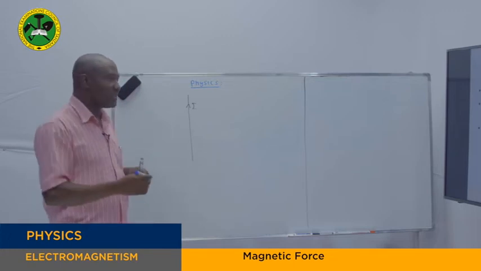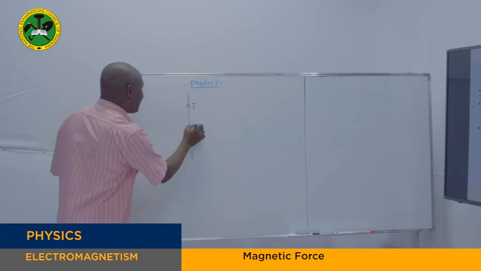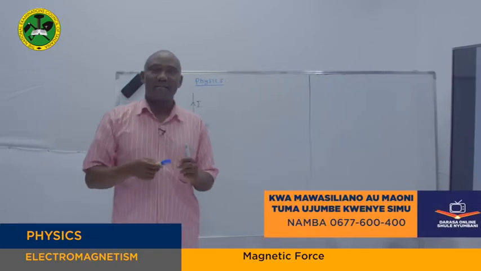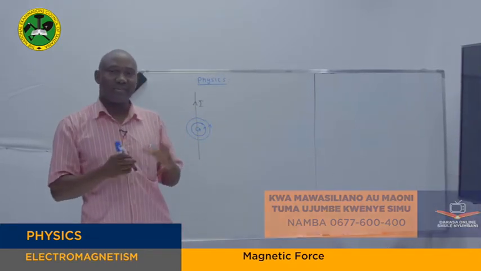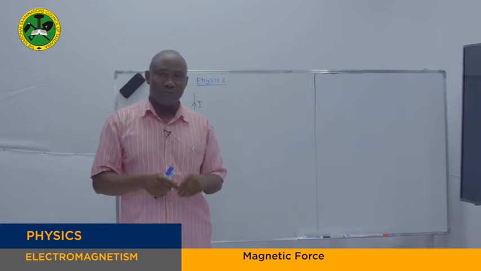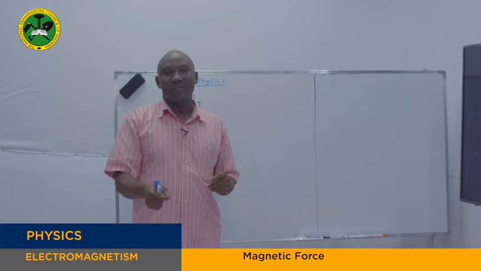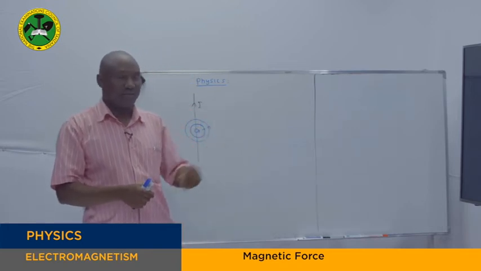For that case, we discussed that a magnetic field must be created. And we saw the Fleming's right-hand grip rule, which is used to determine the magnetic lines of force. Hence, we can determine the magnetic flux density, how they act.